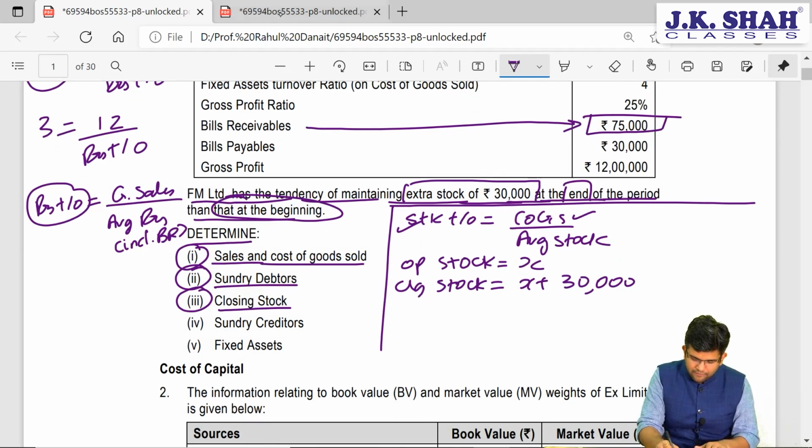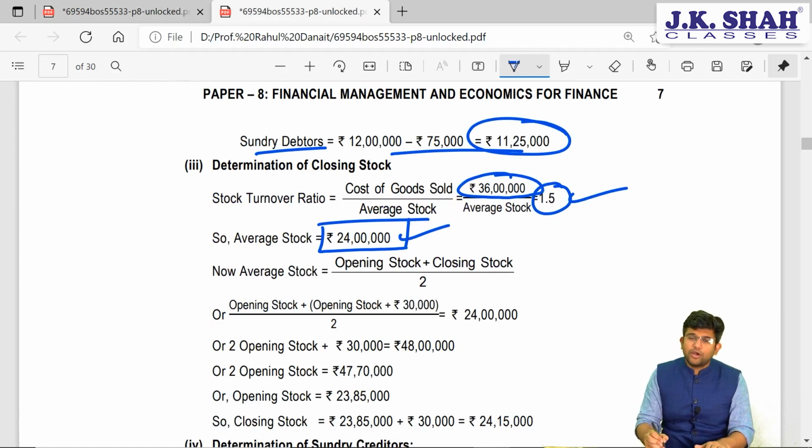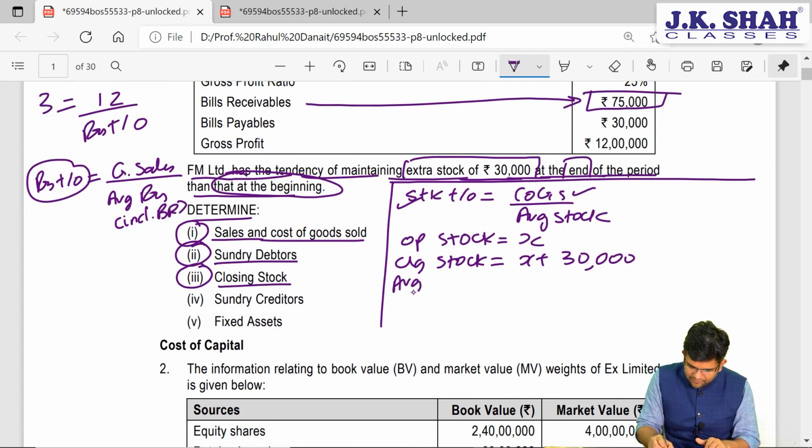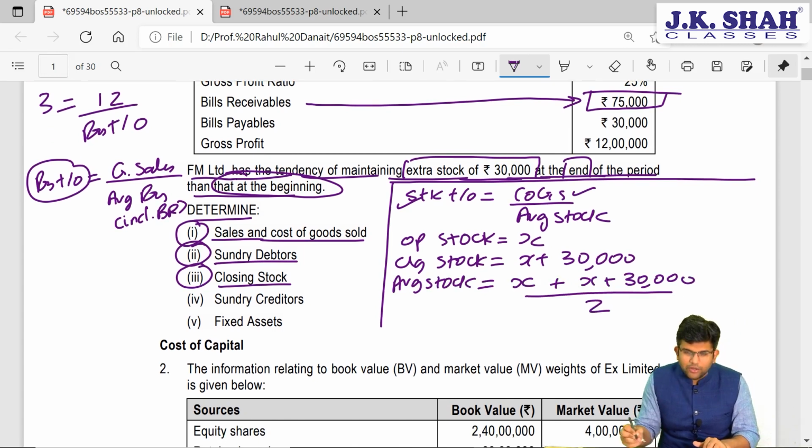Now children, we already have the average stock as rupees 24 lakh. Now what is average stock? Average stock is nothing but opening stock plus closing stock divided by 2. Everybody clear? Average stock we already have as rupees 24 lakh.